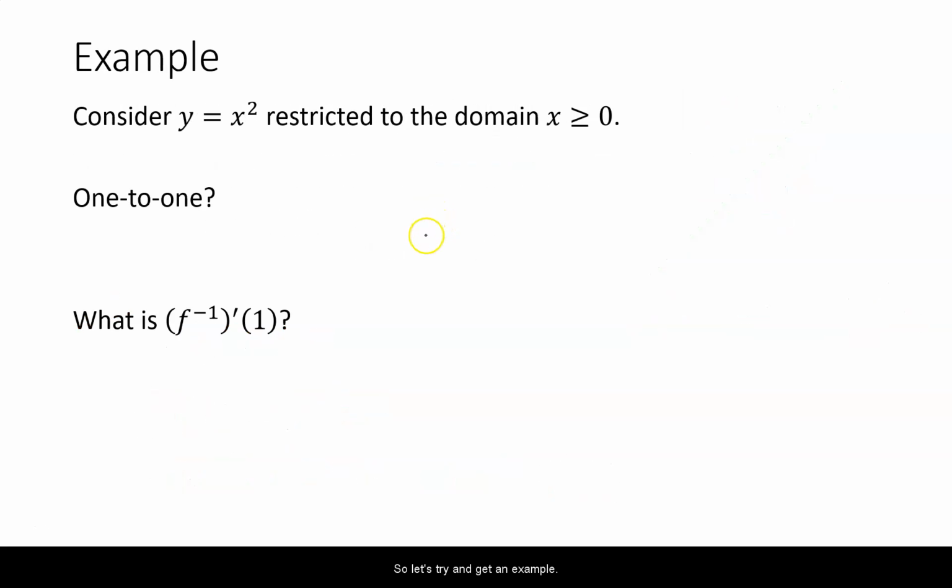So let's try an example where here we're considering the function y equals x squared restricted to the domain x greater than or equal to 0. Now, of course, we know that y equals x squared, the whole graph, I'm picturing the whole graph, not on its restricted domain, but the entire domain, certainly is not one-to-one.